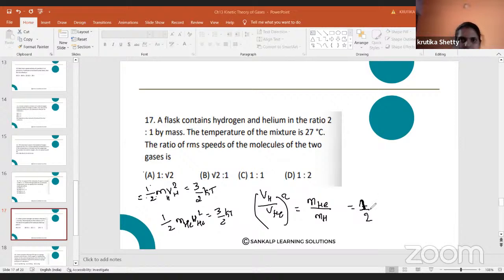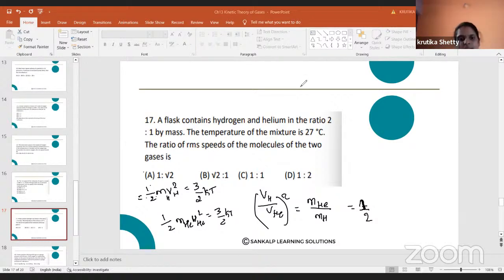So what will you get? How are you getting it as 1:1? It will not come 1:1. It is A or B. Remaining students? Option A, ma'am. Yes, it is A.